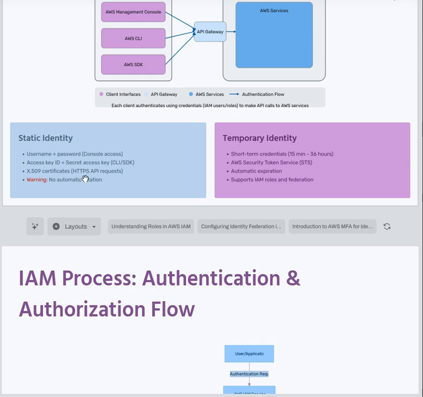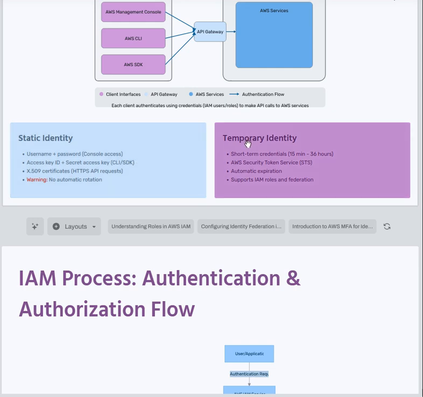X.509 certificates are used for HTTPS API requests, secure requests, right? Warning: no automatic rotation. So in these cases, there's no automatic rotation.